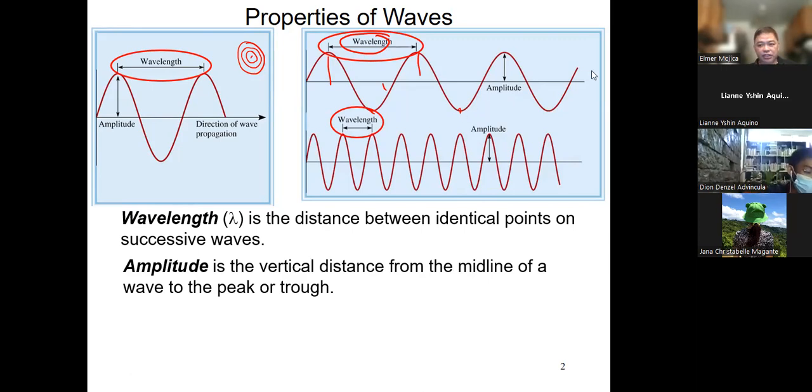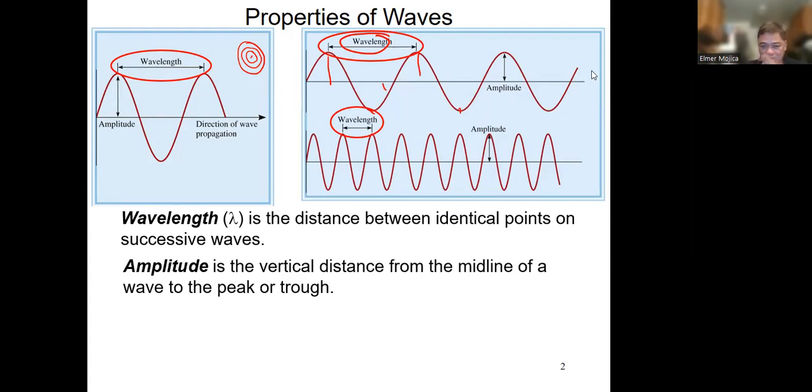Okay? So if you look at the materials that we have here, whenever we talk about a wave, we can also distinguish the property of a wave by how many times you could see a wave at a given point in time.